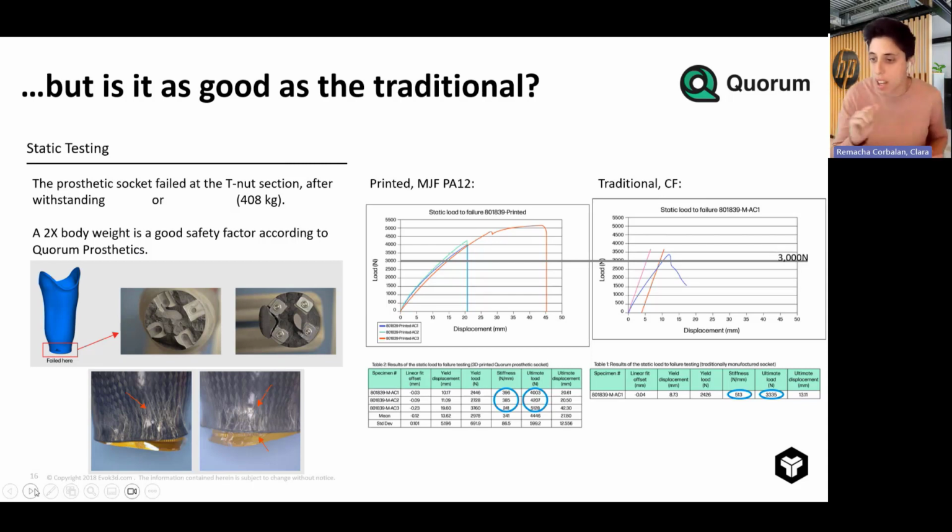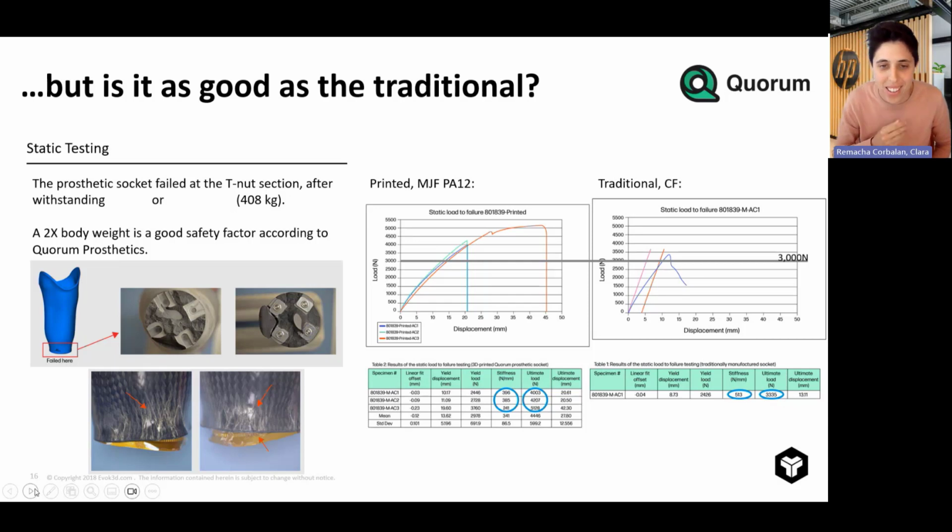But basically, when we apply the static force, you can see here in the curves that all the MJF sockets that we tested on PA12 surpass the 3,000 newtons force, and they all get to about 4,000 newtons, more or less.